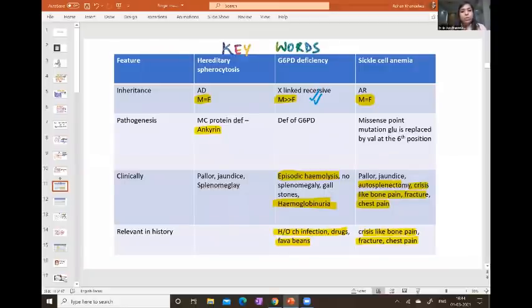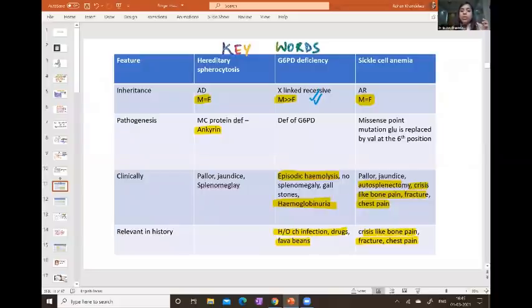Whereas both the other two disorders, spherocytosis as well as sickle cell anemia, occur equally in both sexes, correct? Then, students, what is important in the history as a keyword is that in G6PD deficiency, there can be a history of infection, or drugs. Like you all know that G6PD deficiency gets precipitated because of certain drugs like anti-malarial drugs, primaquine, chloroquine, right?